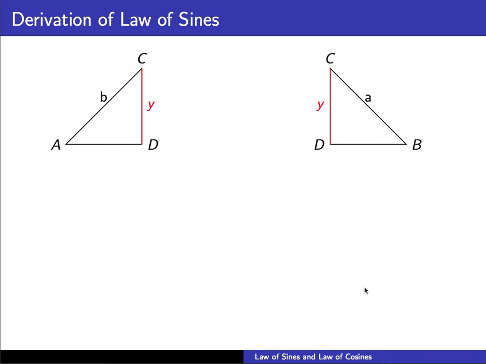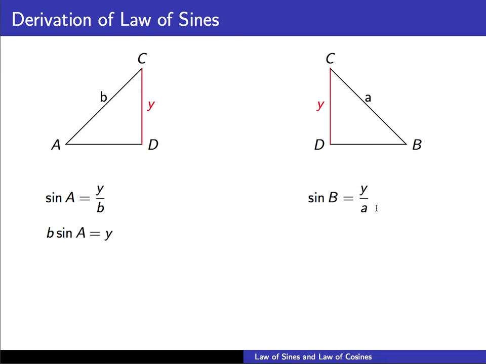Using these two triangles, for our first one, we have the sine of angle A is the opposite, y, over the hypotenuse b. If we multiply both sides by the denominator, we clear out our fraction. We get the height of this triangle is the length of side b times the sine of angle A. Likewise, over here, we have the sine of angle B equals the opposite, y, over hypotenuse a.